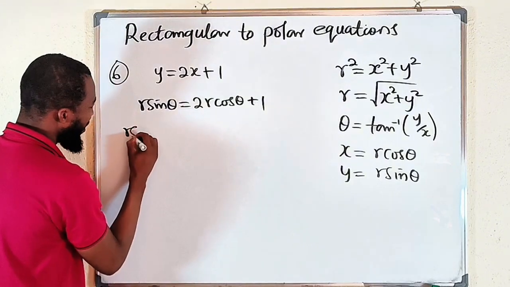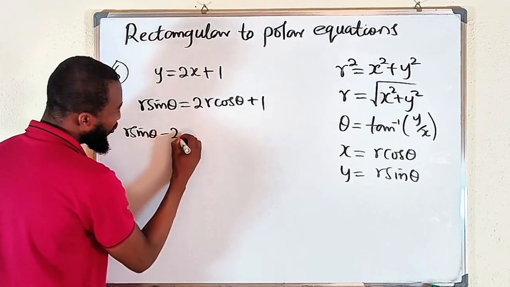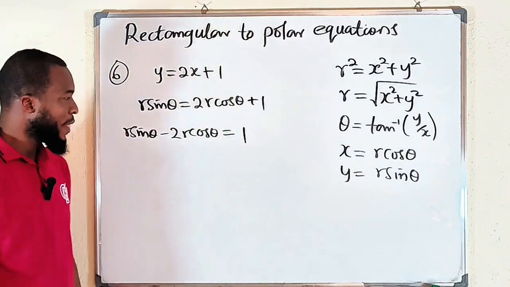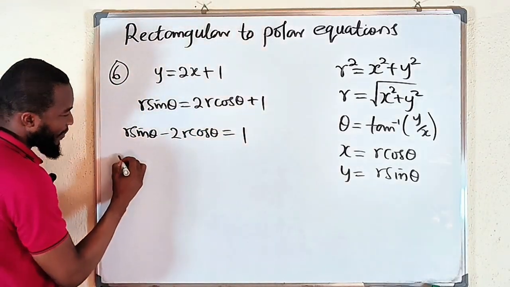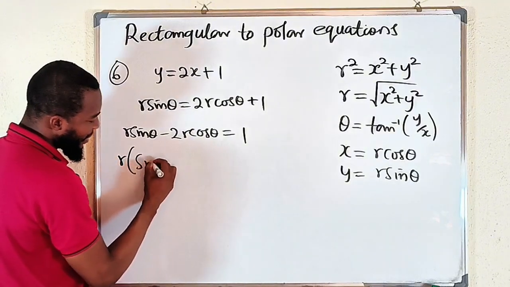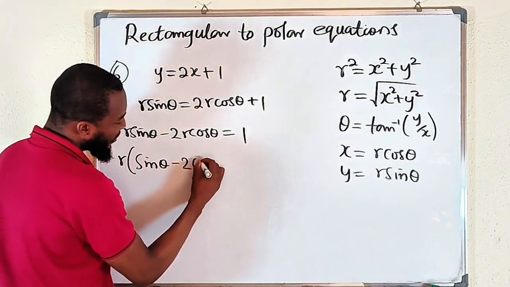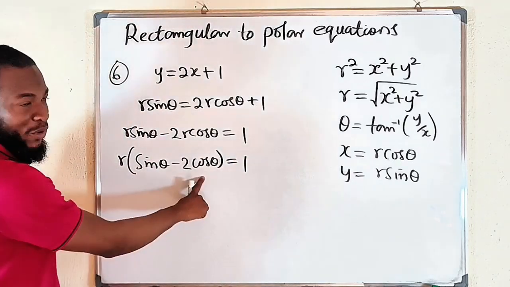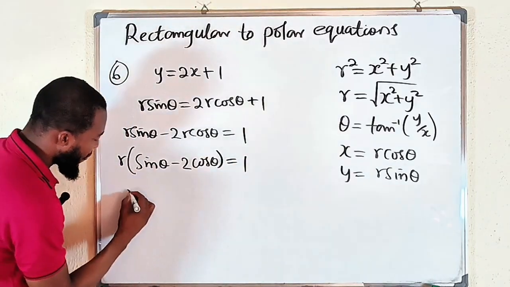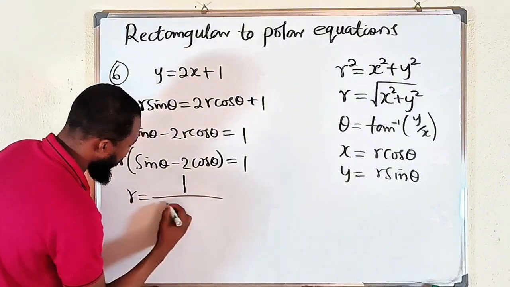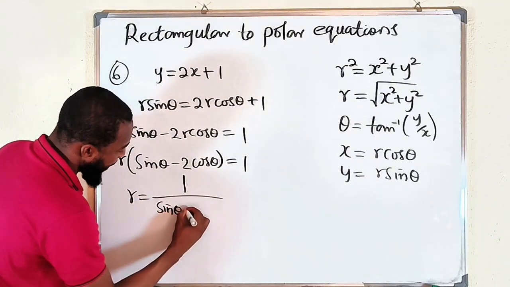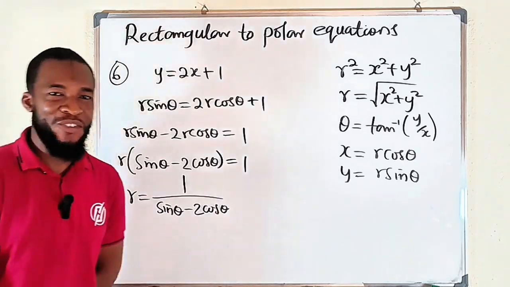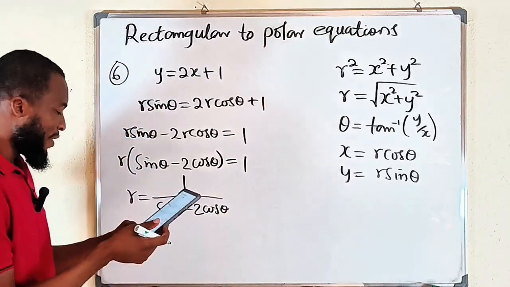So we have r sine theta minus 2r cos theta still equal to 1. So we have r in common, so we have r outside. Inside we have sine theta minus 2 cos theta equal to 1. Then we can divide both sides by this. Therefore, r is equal to 1 divided by sine theta minus 2 cos theta. This is our polar equation. Let's move on to question number 7.